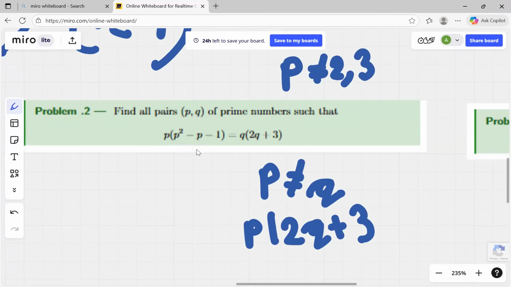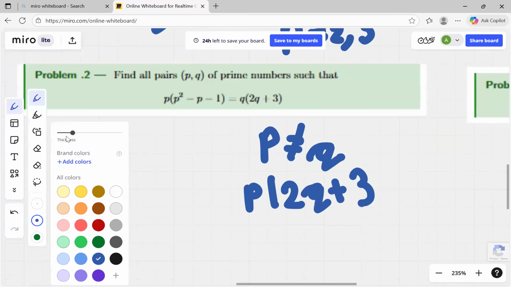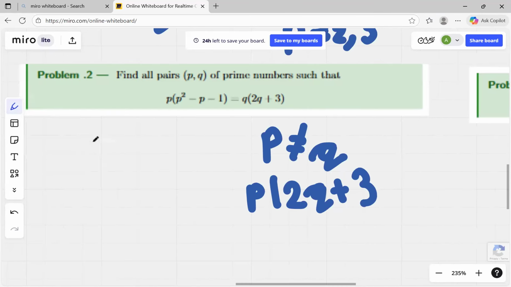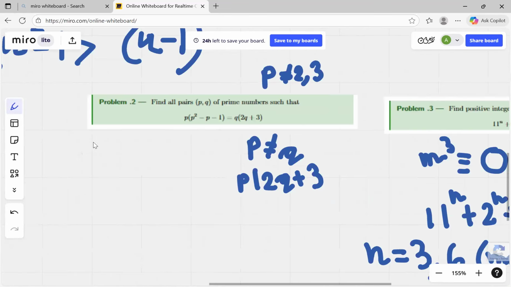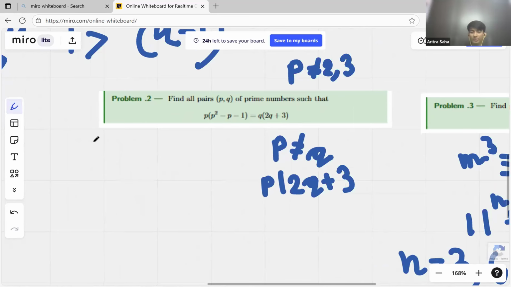By the way, if p equals q, then we can solve it very easily. So which idea do you think should be good?